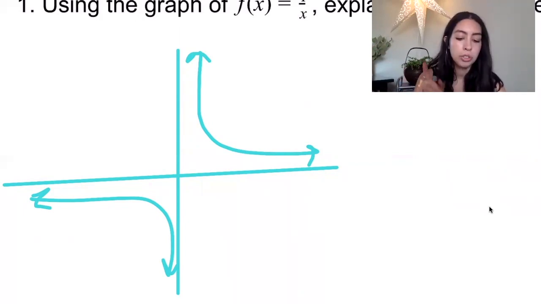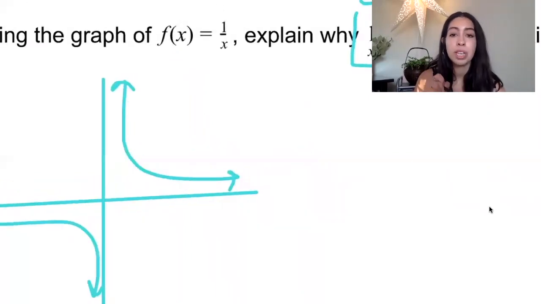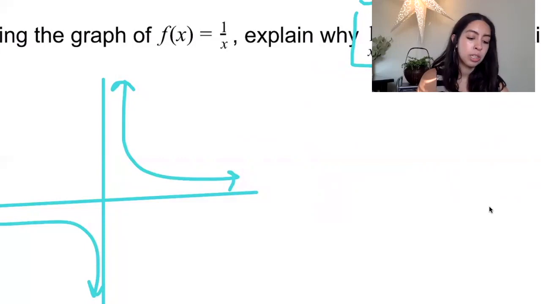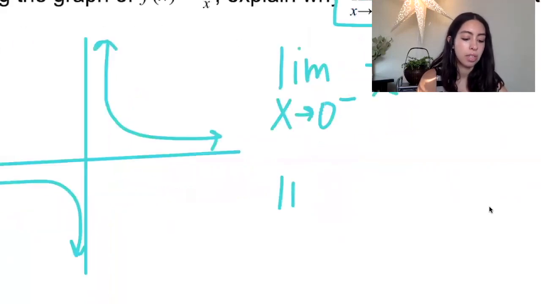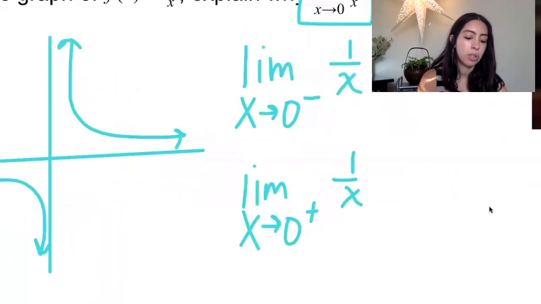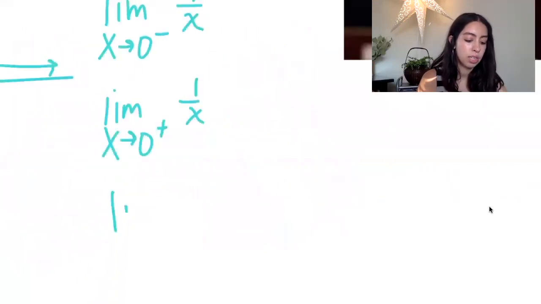So we need to talk about what is the limit as x approaches 0. And what we're going to do is look at both sides and talk about what's going on on each side there. So I'm going to write this out, and then that's going to lead us to the limit as x approaches 0 of our function.